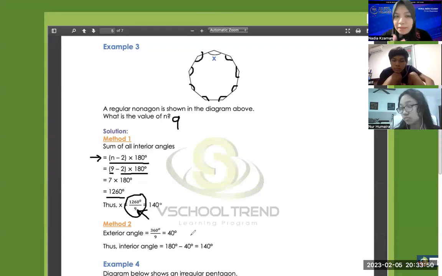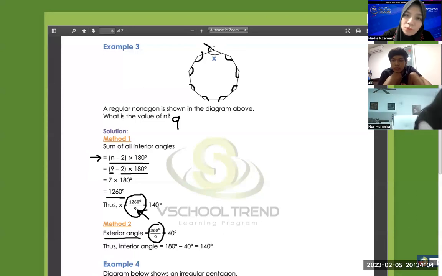Okay, second method, whereby we use the exterior angle first. We calculate 360 divided by 9. For the exterior angle, you calculate this, and the value is 40.